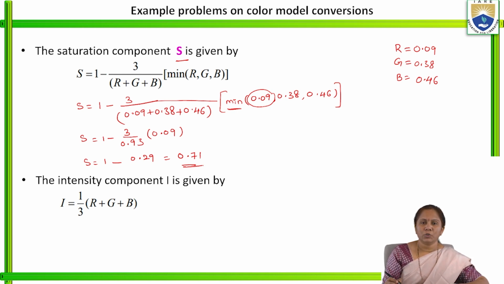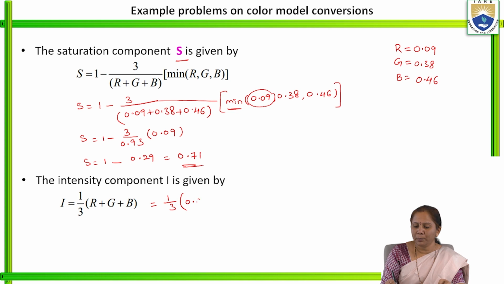The next component is the I value. To find I, the formula is I is equal to 1 by 3 into R plus G plus B. So R is 0.09 plus 0.38 plus 0.46.